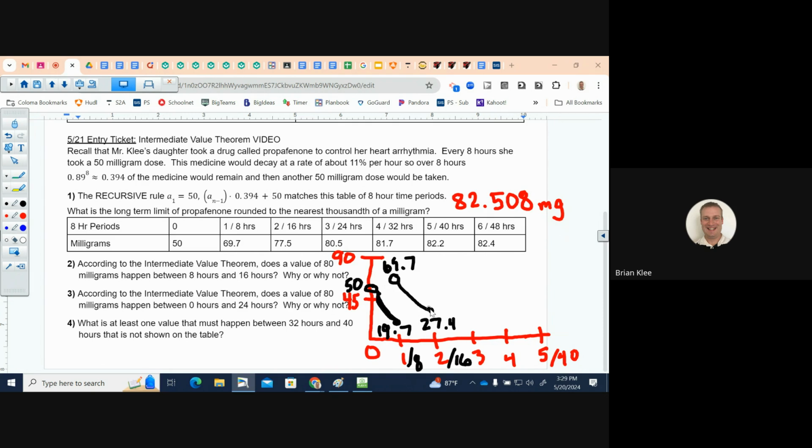So right now, we got to ask ourselves, is it continuous? So our answer for number 2, yes, continuous. The function is continuous from 8 hours to 16 hours. But 80 is not in that range.